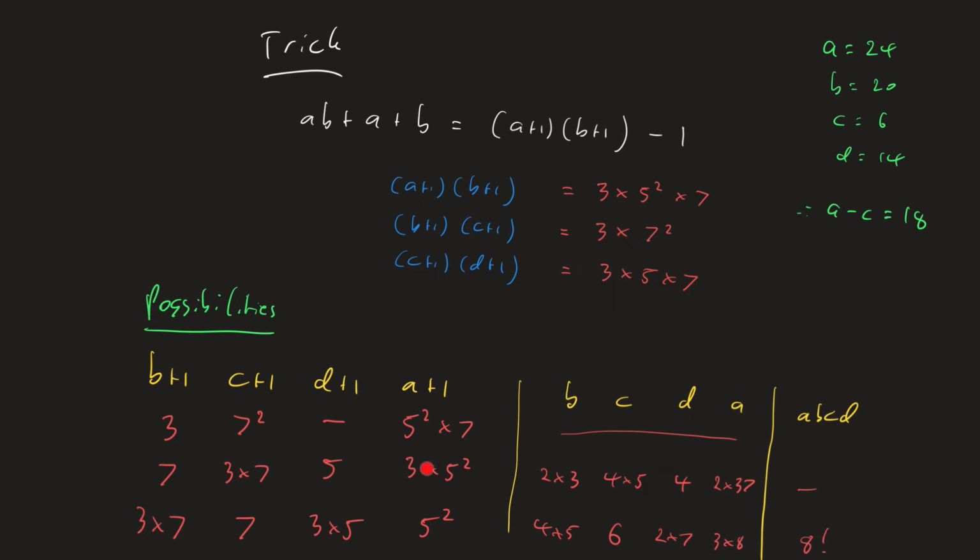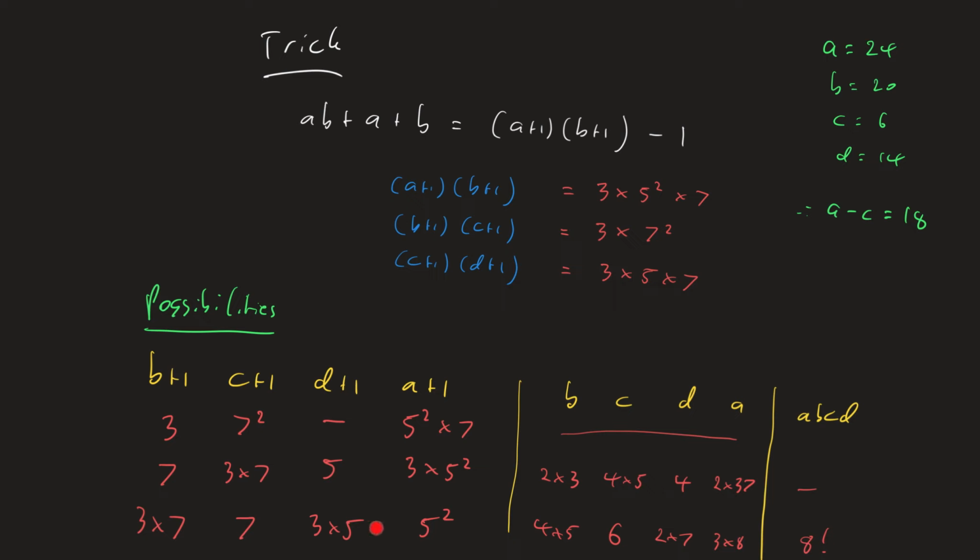Since in this middle possibility here, A would contain a factor of 37, clearly the product of these numbers cannot be 8 factorial. The last possibility works because we see that A, B, C, D multiplied together contains one each of all the numbers from 2 to 8. 2, 3, 4, 5, 6, 7, and 8.